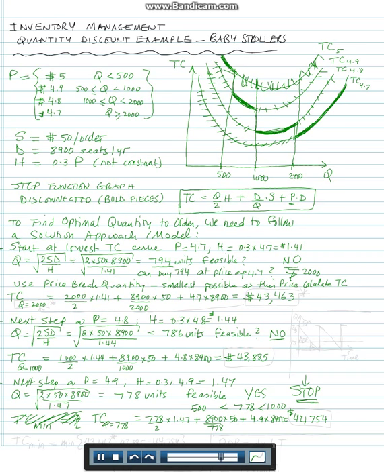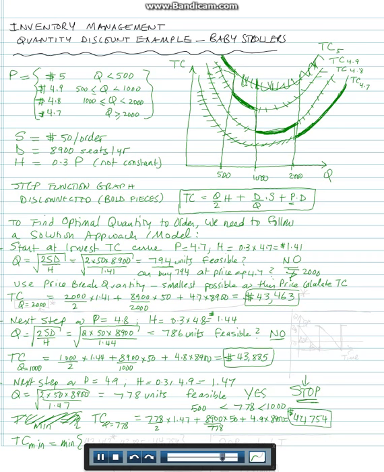So now we find the absolute minimum TC. TC minimum is the minimum of all the TCs we calculated so far. How many did we calculate so far? We calculated one at 2,000, one at 1,000, and one at 778.